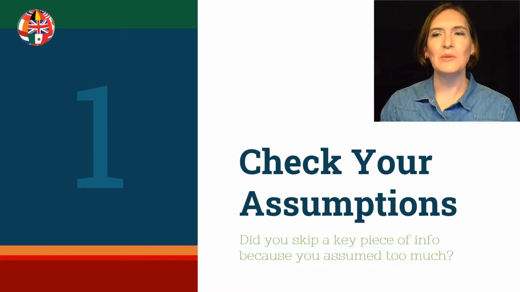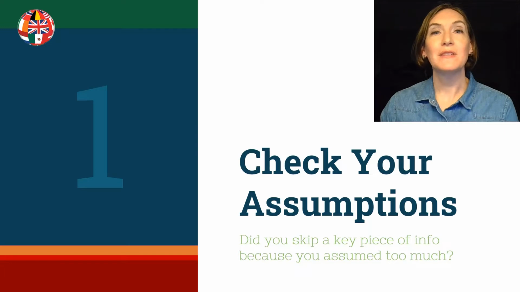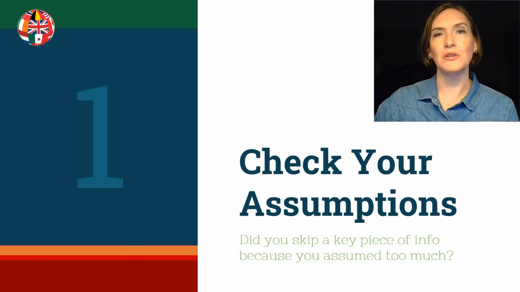First and foremost, check your assumptions. We all go into our research with certain assumptions, and it might cause us to skip a key piece of information because we assumed too much. So what kind of assumptions do we make in our research?